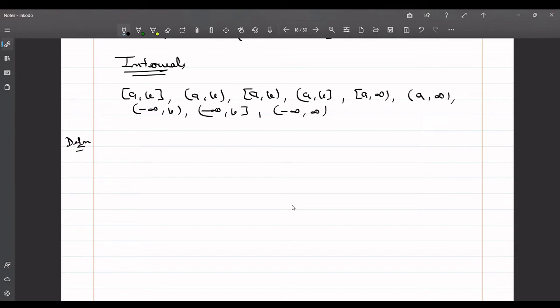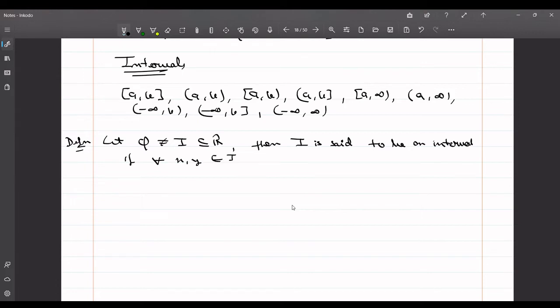Suppose you take a set from R. Intervals in this case basically rely on the real line itself, but the definition comes out like this: let I be a non-empty set from R. Then I is said to be an interval if for all x, y belonging to I, let's say where x is less than y, every element between x and y also belongs to it.